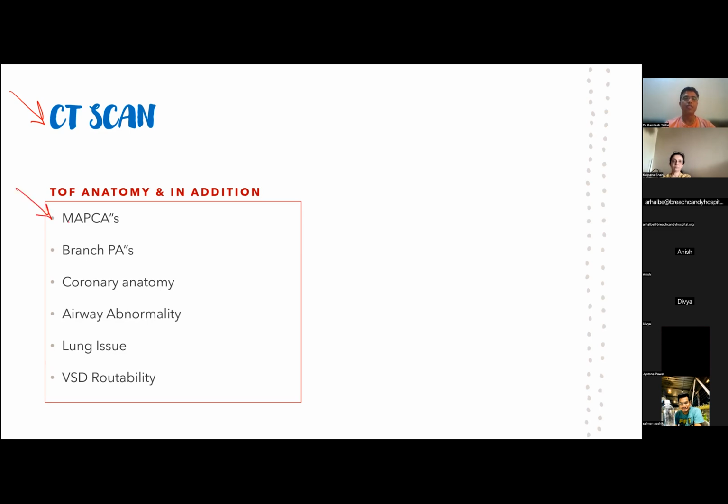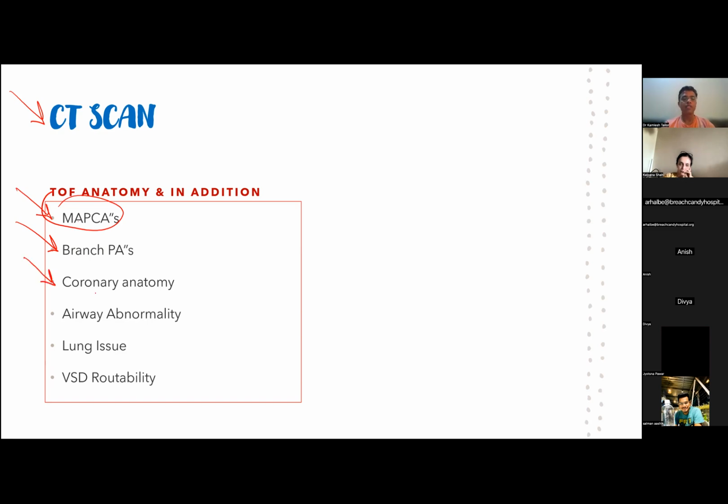About major aortopulmonary collaterals, so MAPCAs. We should know whether MAPCAs are present or not, because that will change the treatment and management. We should know about the branch pulmonary arteries: whether they are stenosed, small individual branch pulmonary arteries, or absent. These are all varieties that can be present in tetralogy of Fallot.